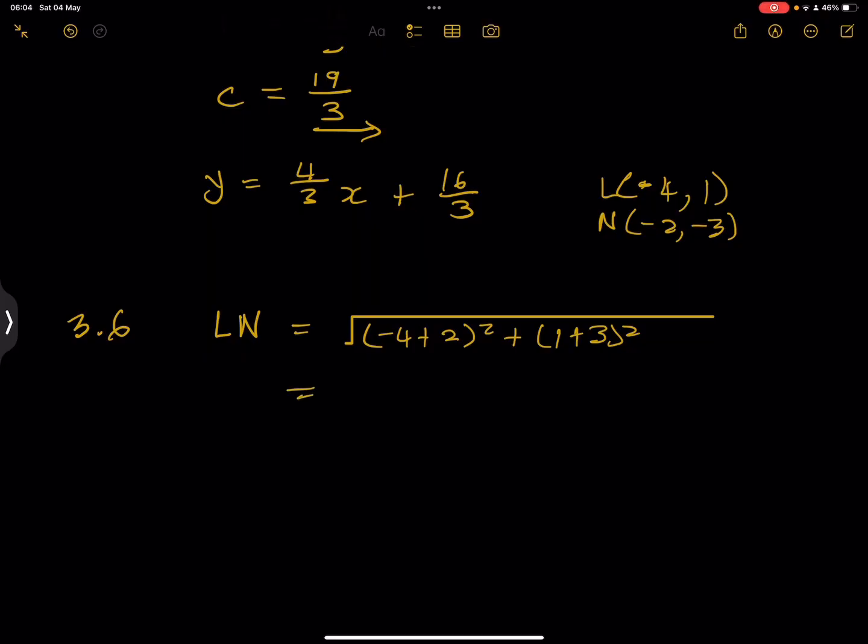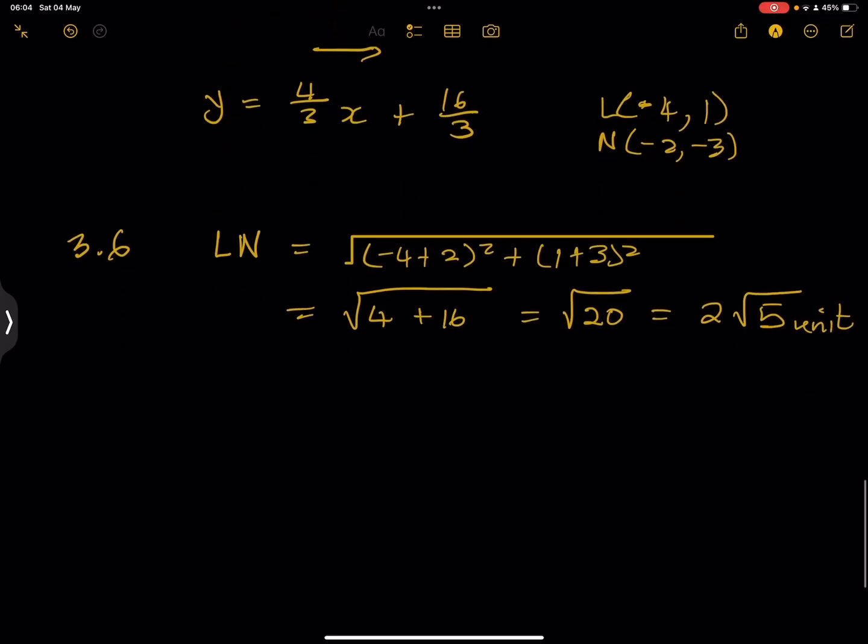We've got -4 plus 2 gives us -2 squared. That gives us 4. So we've got 4 plus 4 squared again. That gives us 16. So that gives us the square root of 20, right? 20 is 4 times 5. So we can write this as 2 root 5 units, right?